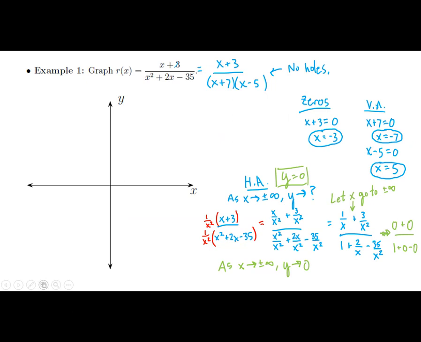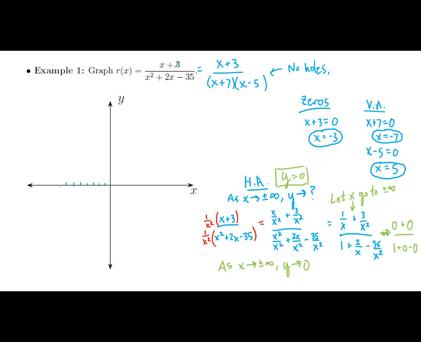I'm going to start the process of graphing and then do one other step before we complete the graph. So I'm going to start putting in important things like zeros and vertical asymptotes, and I can get a pretty good sense of where my tick marks should be. So I'll put them about this far apart.